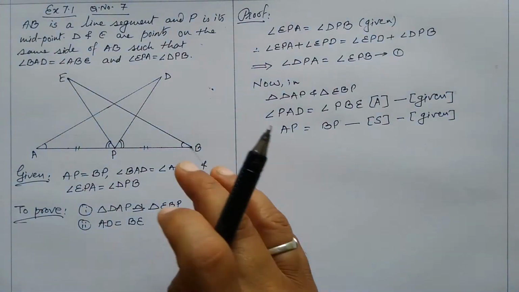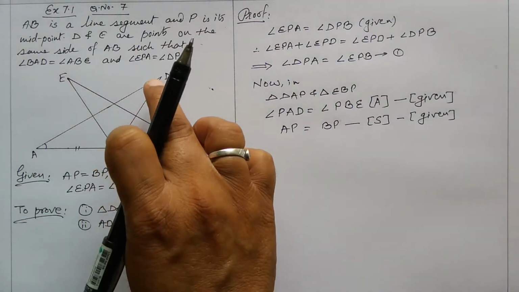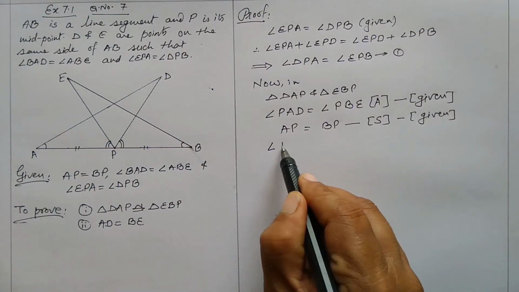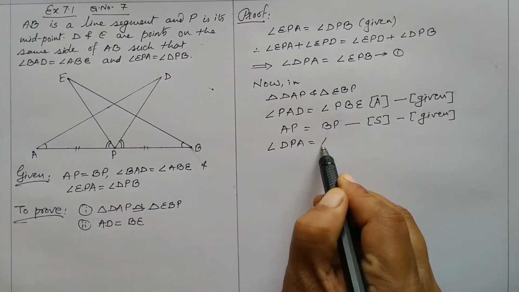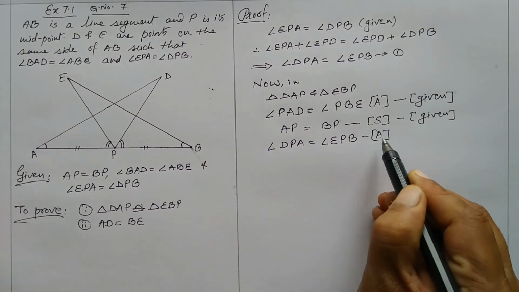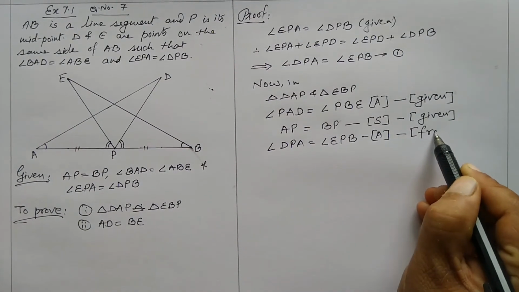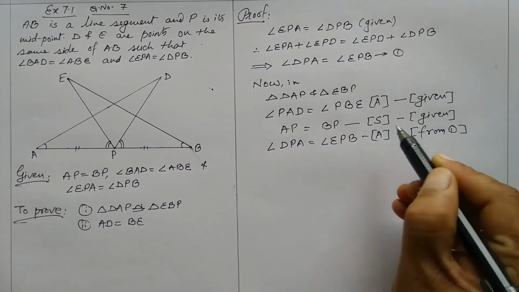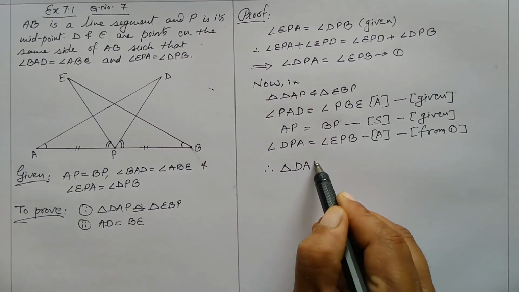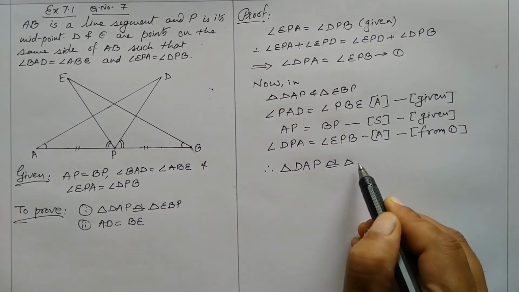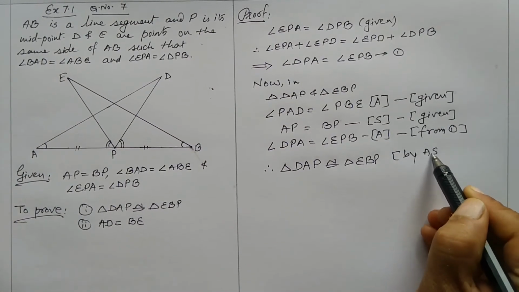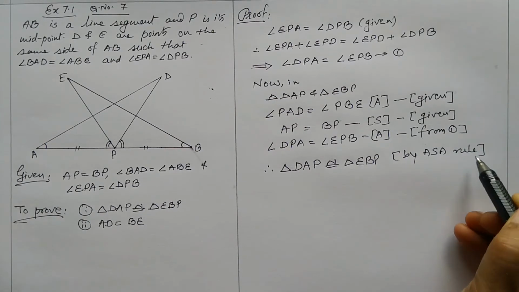Then angle DPA is equal to angle EPB. This is another pair of corresponding angles. Here we will write reason: from 1. So angle, side, angle. Therefore triangle DAP is congruent to triangle EBP by the angle side angle congruence rule.